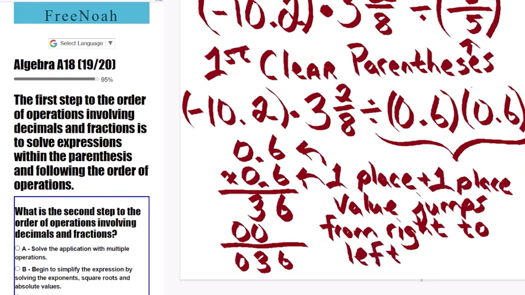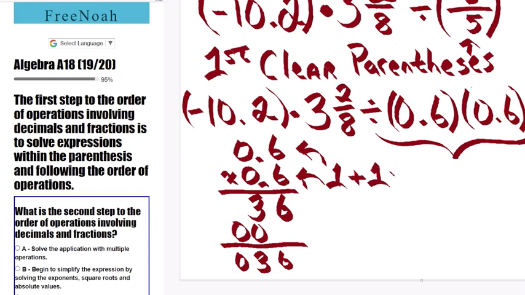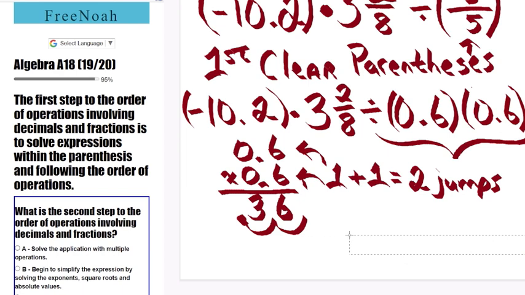So we take care of our nice 36 here, and what we do is we jump twice. 1, 2. So we're left with 0.36, or 36 hundredths. Perfect. Now let's move on here.